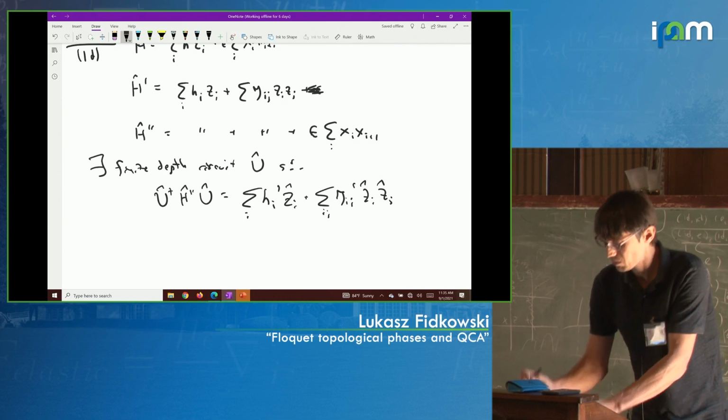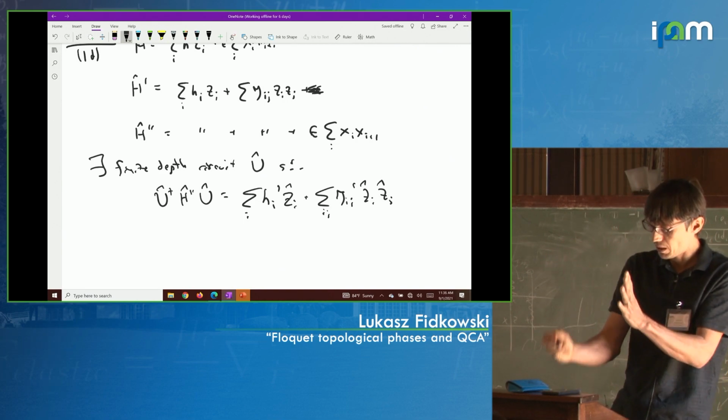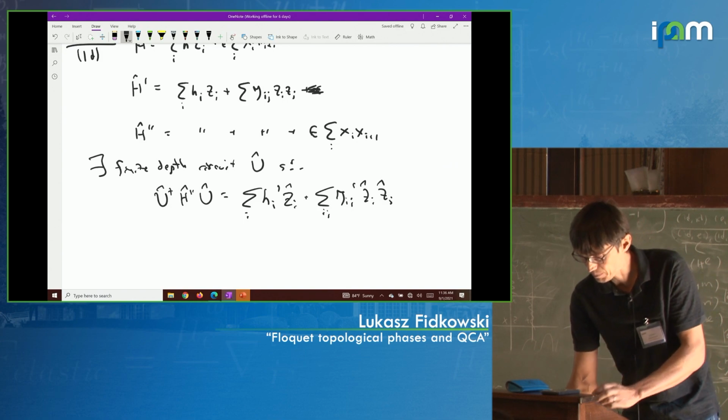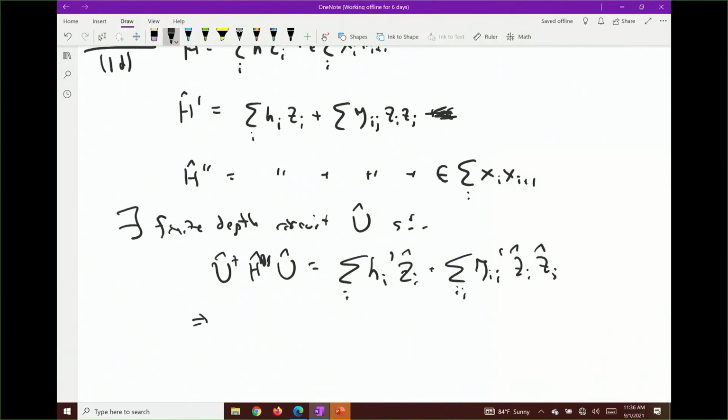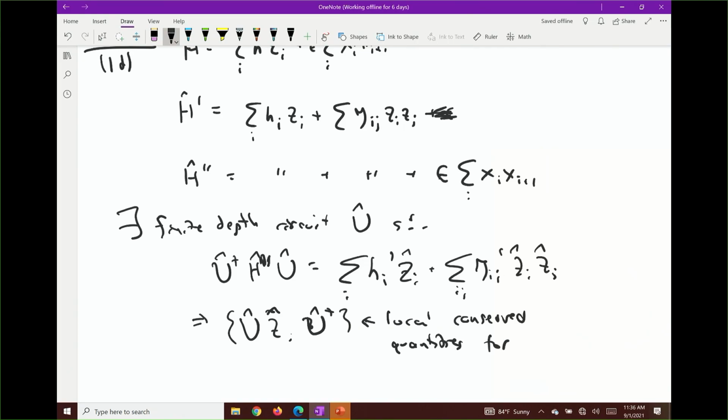Okay, so what this means is that the Zi's, which are local operators, commute with this conjugated version of H double prime, which means that if you instead conjugate the Zi, these quantities U times Zi times U dagger are local conserved quantities for H double prime.